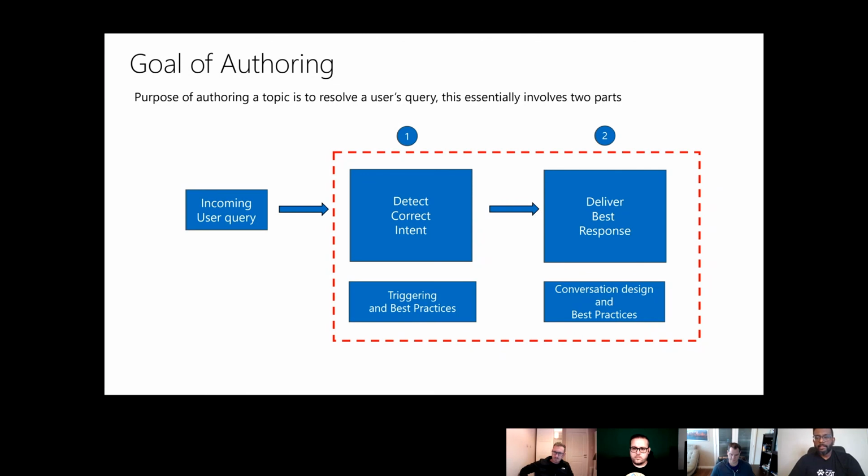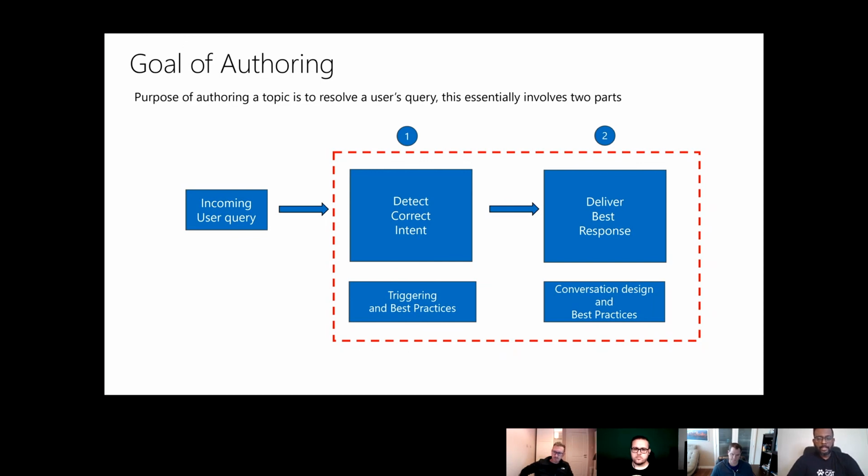The reason is that you as a bot author have provided the engine with two topics with very similar semantically sounding trigger phrases. That is why the engine is not able to disambiguate between these two topics, and it's asking you to pick the best one.